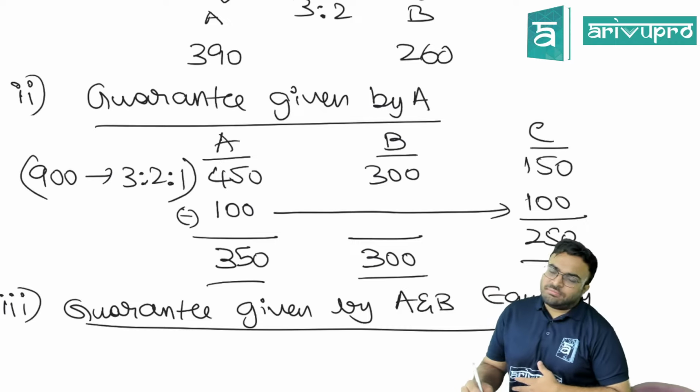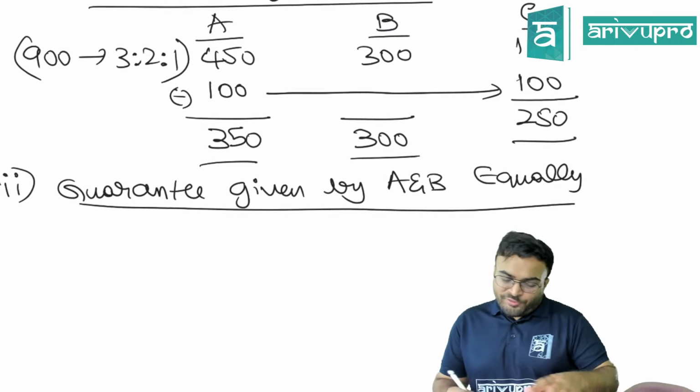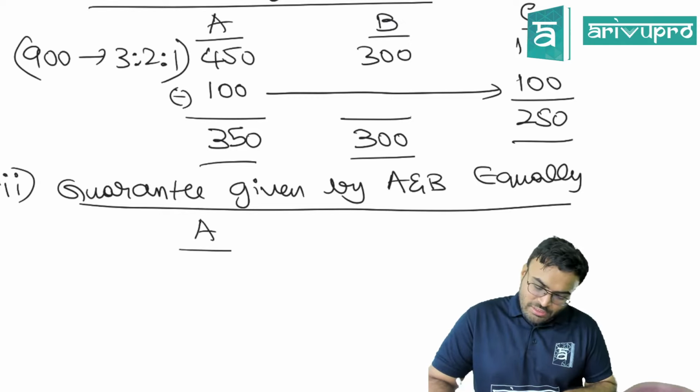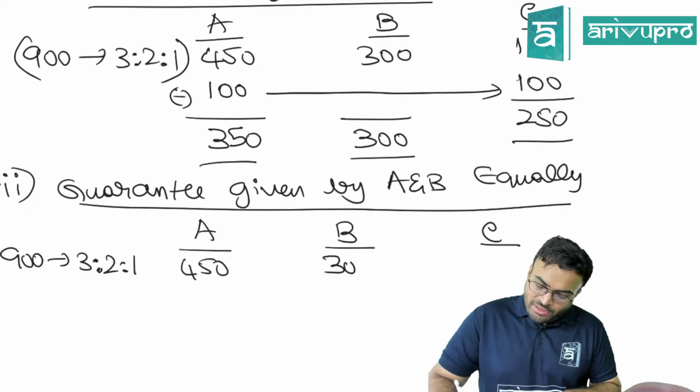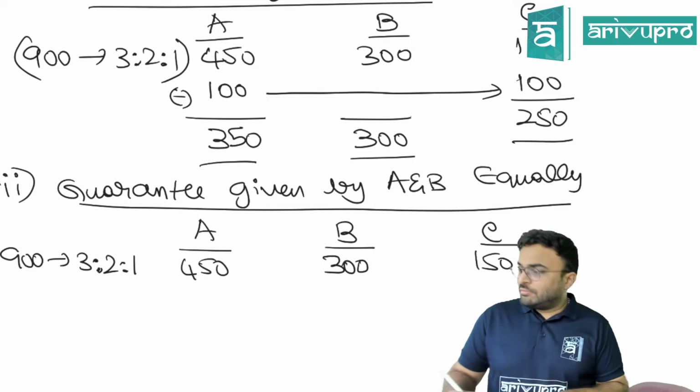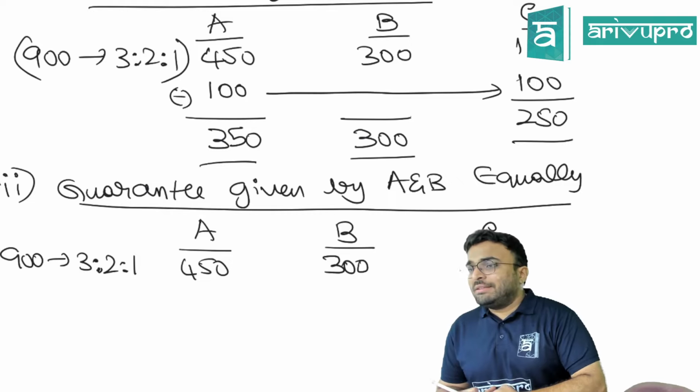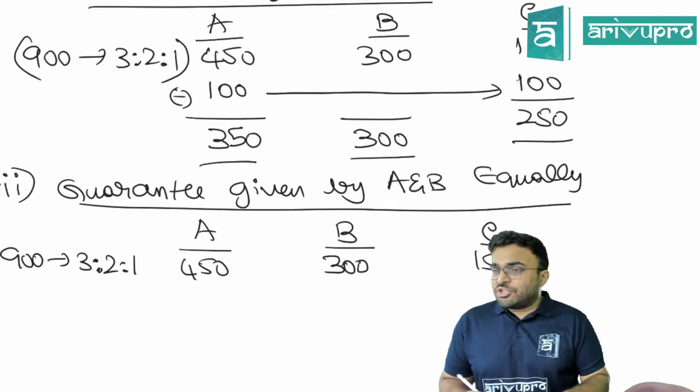So now what happens? Should we distribute first? A, B, C. 900 will be distributed in the ratio of 3:2:1. 450, 300, 150 will be distributed. After that, what happens? Can you see there is a shortage?